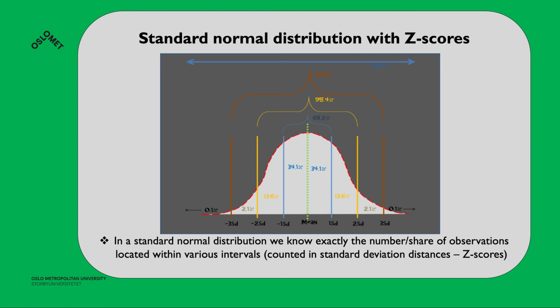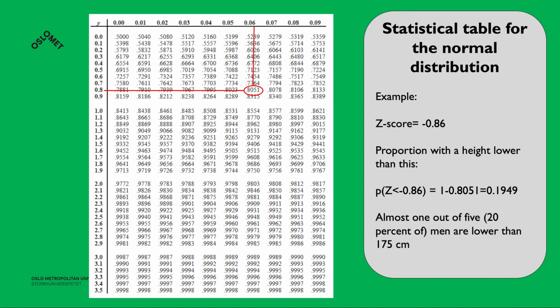So what can we use this z-score for? Well, we can calculate how many men are lower than 175 centimeters. Taking a statistical table for the normal distribution, if we have a z-score of minus 0.86, we can go in the table and find the value 0.88 and then 0.06.